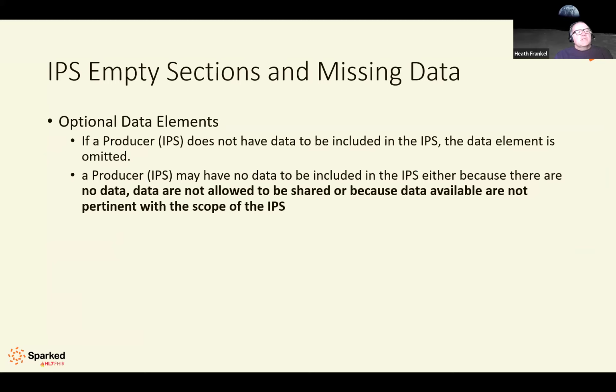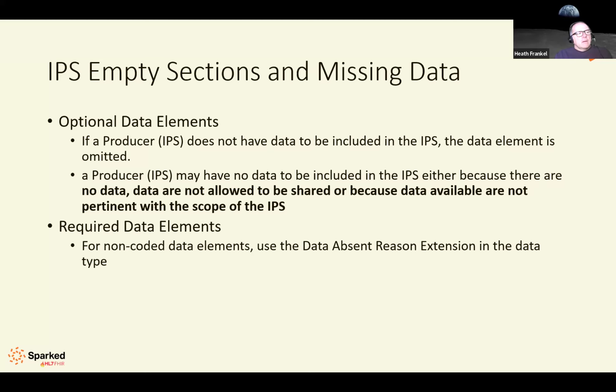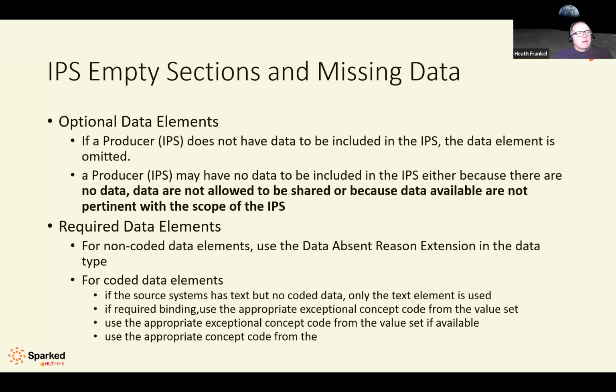So going back to those empty sections and missing data elements, basically, we've got the optional data elements here. So for optional data elements, you just don't provide them, okay? But for required elements, you have to provide something, and this is where we use those absent reason codes in those particular scenarios.